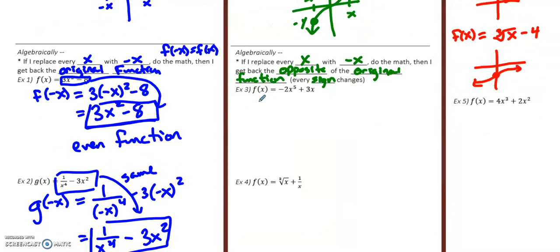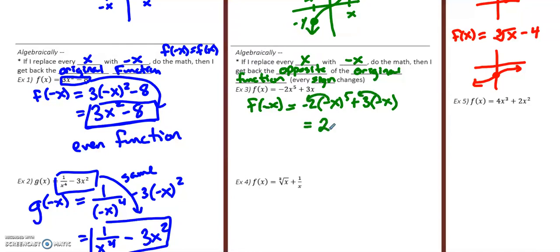So I come over and take f of x, and I'm going to do f of negative x. That's going to be negative 2 times negative x to the 5th plus 3 times negative x. Now I know that when I raise negatives to odd powers, they come out front.